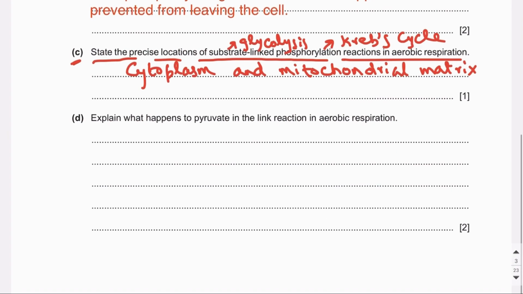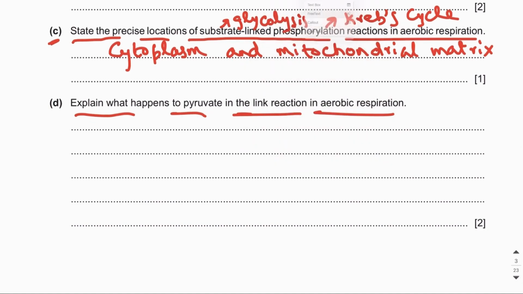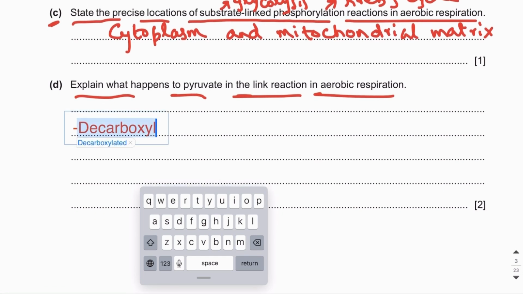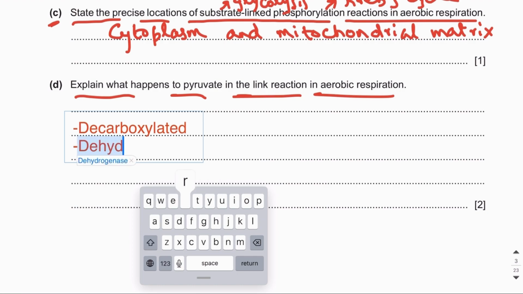What happens to pyruvate in the link reaction in aerobic respiration? So guys, as we all know that in the link reaction, pyruvate is decarboxylated, right? It's dehydrogenated.